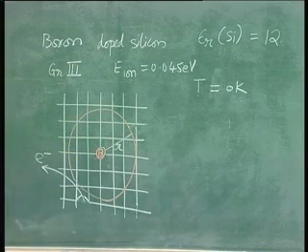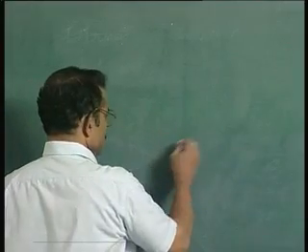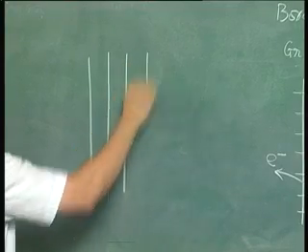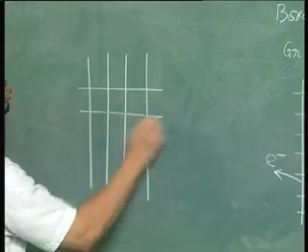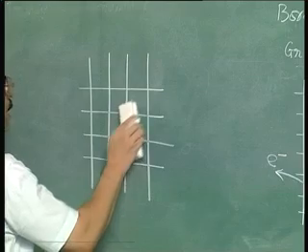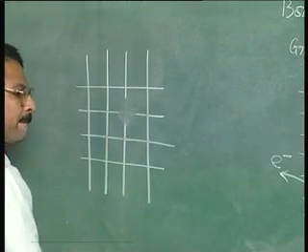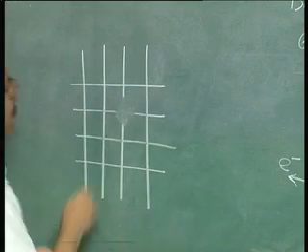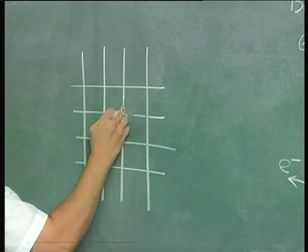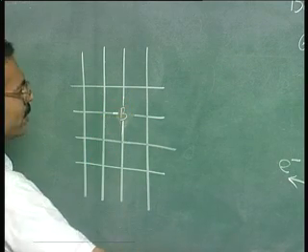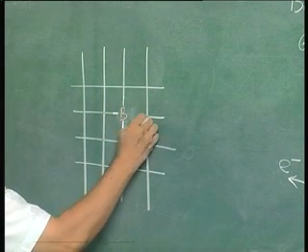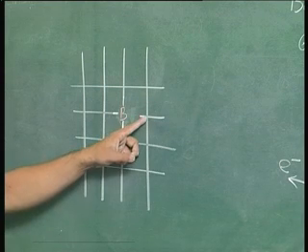Let us see how this is true. So let us say this is the boron atom here. Boron has 3 electrons in the outermost orbit, therefore you will have 3 bonds. However, one bond will be broken because boron does not have a 4th electron, whereas silicon has a 4th electron here.